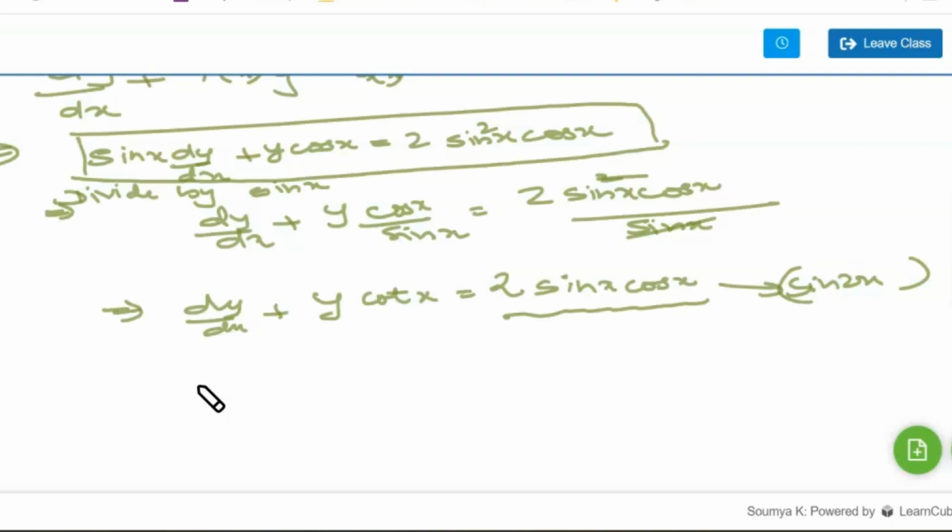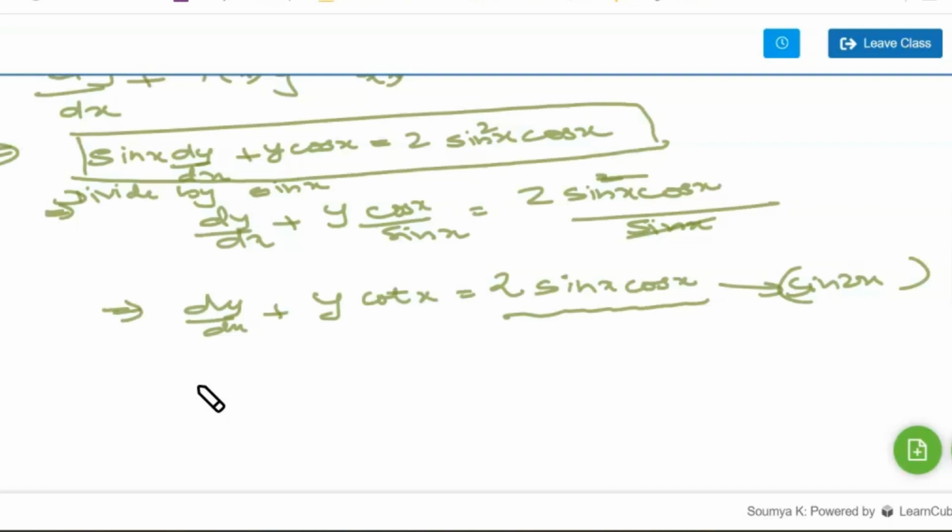So this is cot x, and then sin x cos x is there, and here two sines are there. That means sin x into sin x is available. One sin x gets cancelled with this sin x, so it will be 2 sin x cos x.